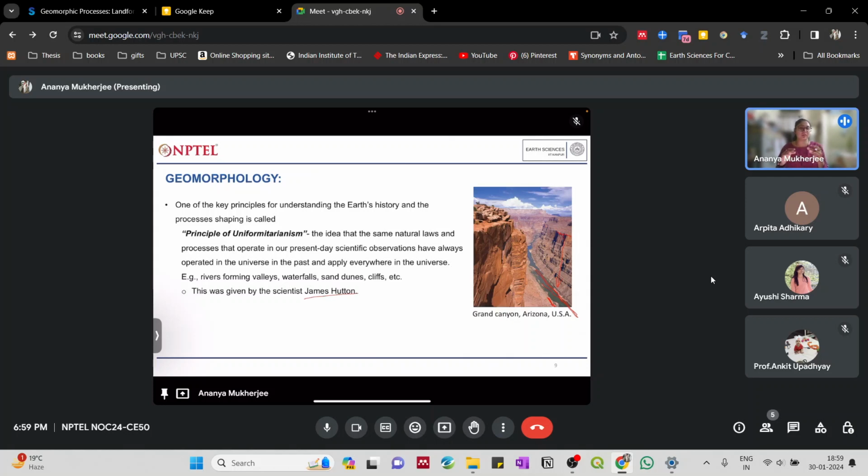As we know, the Himalayas are increasing in height by a few centimeters every year, but in some places some part of the Himalaya is also getting eroded. This mountain building and erosion is what we are seeing right now, and it has happened in the past too. So this is how the principle of uniformitarianism plays a role in understanding geomorphology and the geomorphic processes.